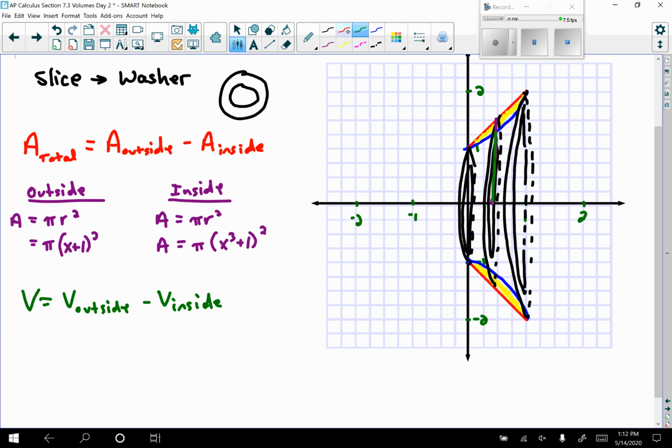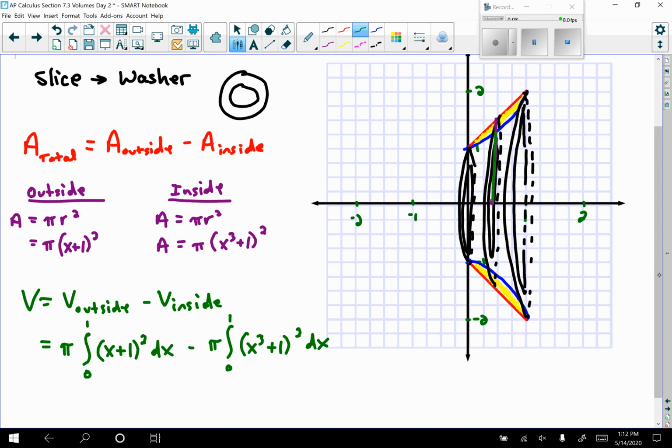All right, so when we go to write this, again, we could keep the pi out in front. For both of these, we're still just going from 0 to 1. So it's going to be pi times the integral 0 to 1 of the x plus 1 squared dx, and then minus pi again times the integral of 0 to 1 of x cubed plus 1 squared dx.